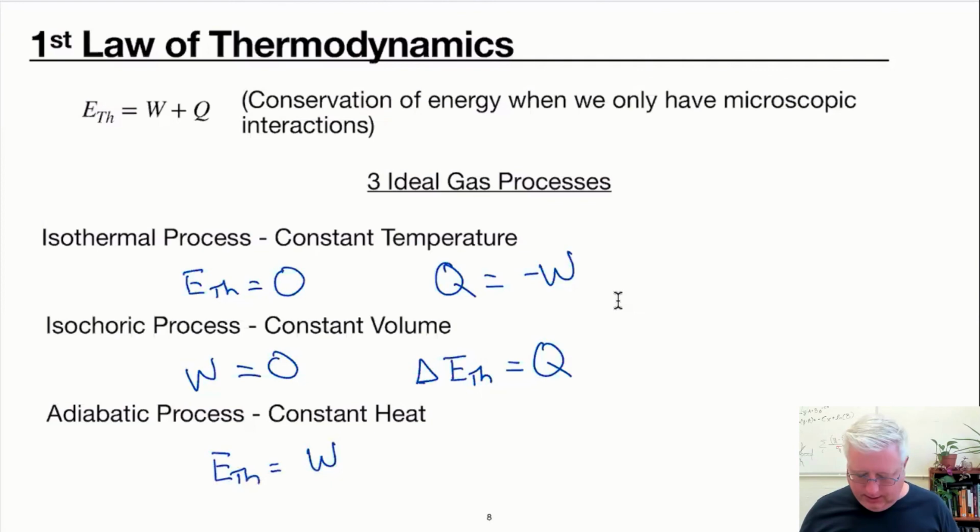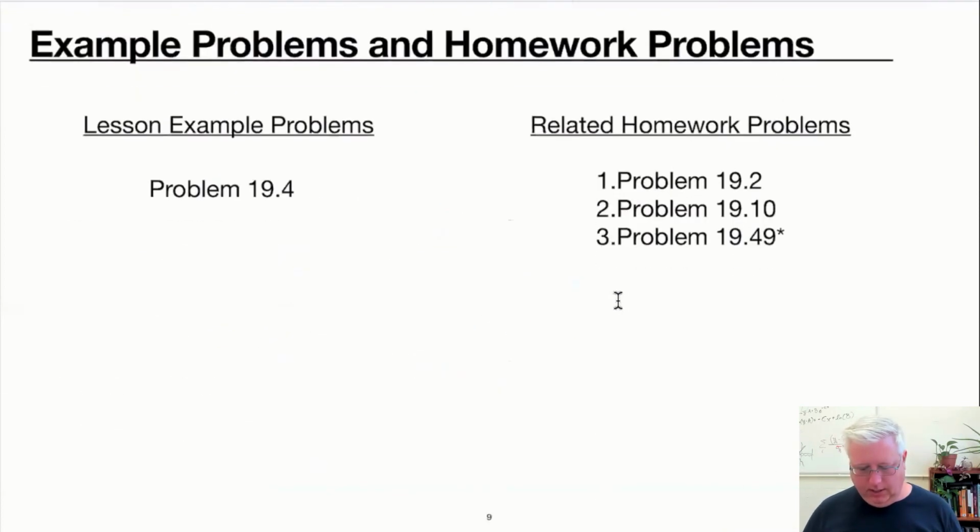So that's essentially it for this lesson. We're going to keep moving on and look more at these processes and apply them, but it's a good stopping point where I'd like you to focus on a few questions. I think that will help you move on before going to the next lesson.